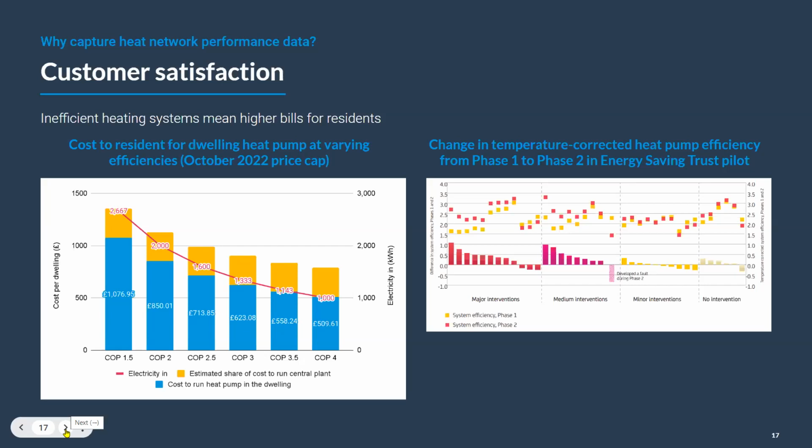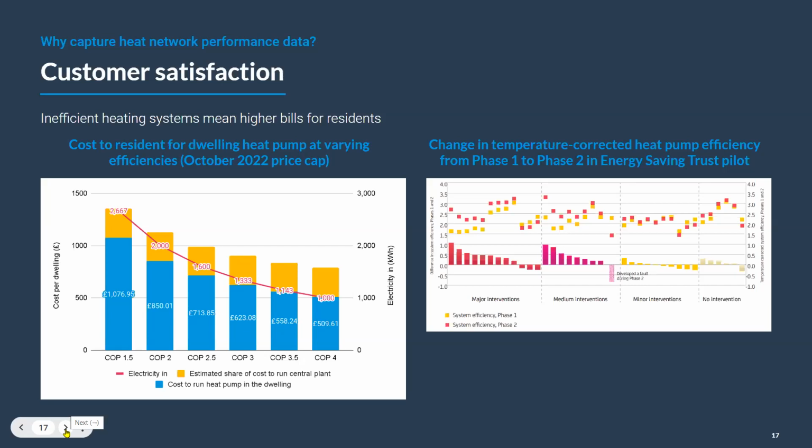So 4,000 kilowatt hours is relatively low compared to the average UK household, which is more like 3 times that. But this is more representative of the heat consumption we see on 4th generation heat networks, in high density dwellings.